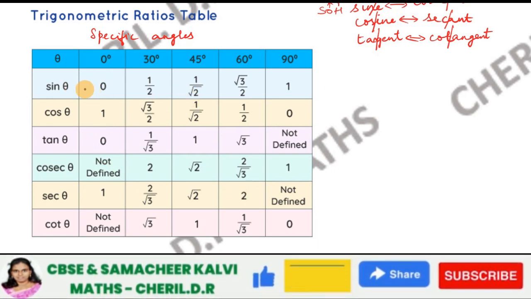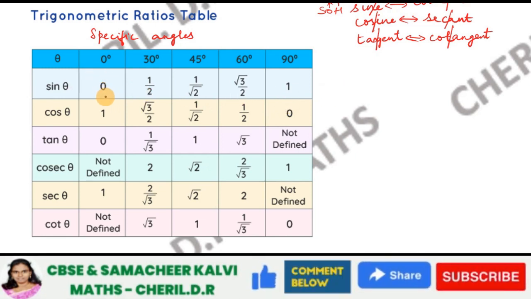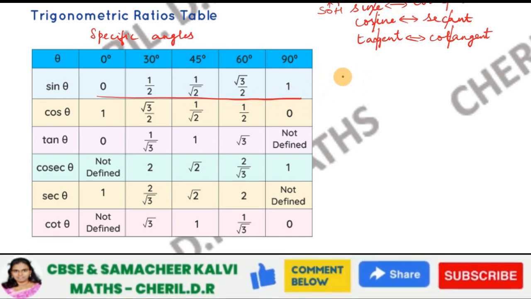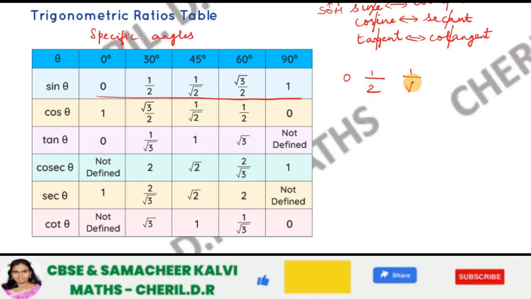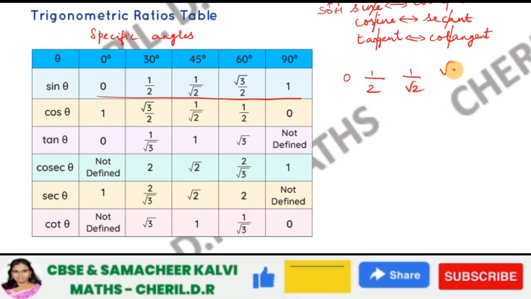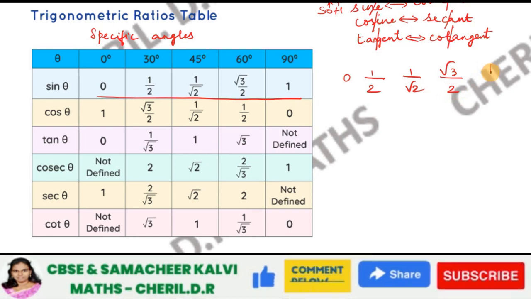I'll tell you an easy way to remember it. You just need to remember the first line alone: 0, 1 by 2, 1 by root 2, root 3 by 2 and 1.